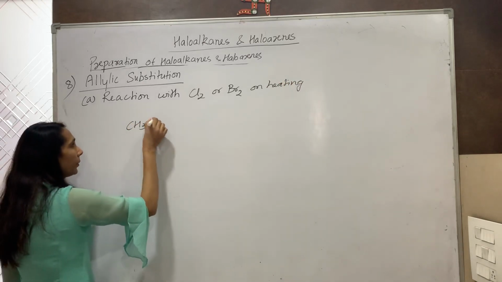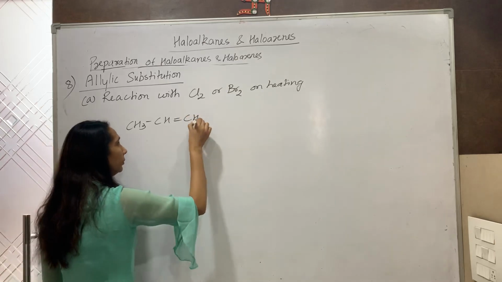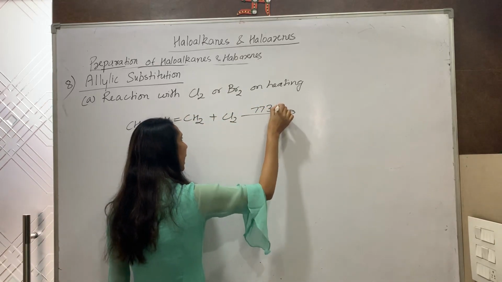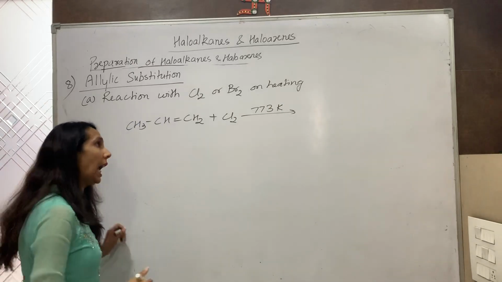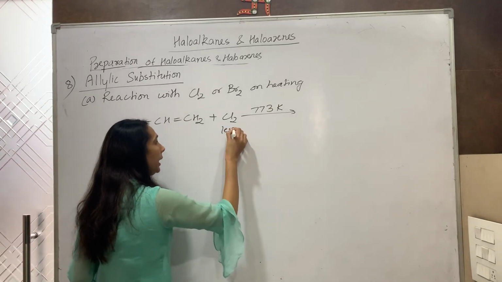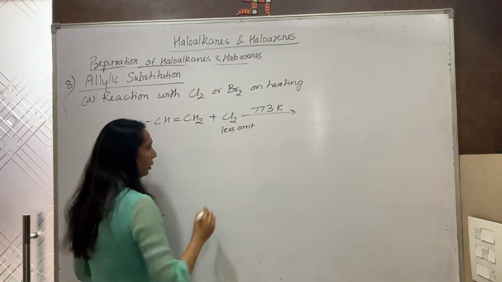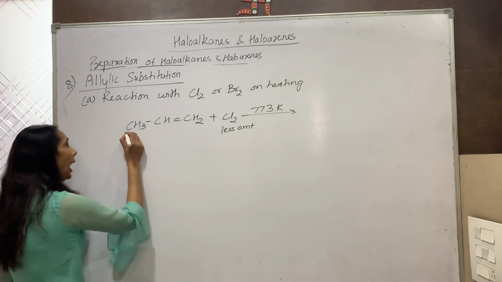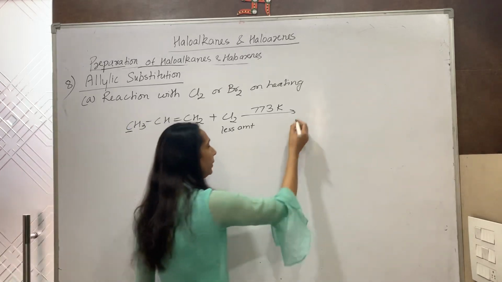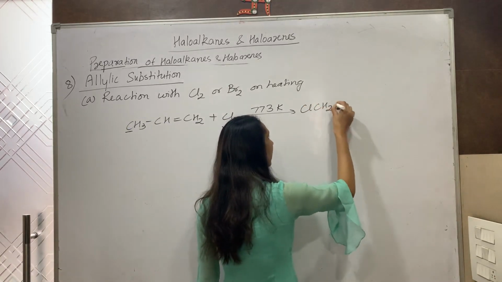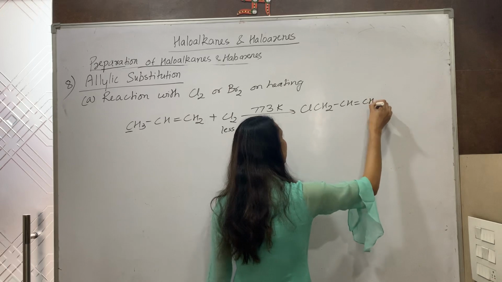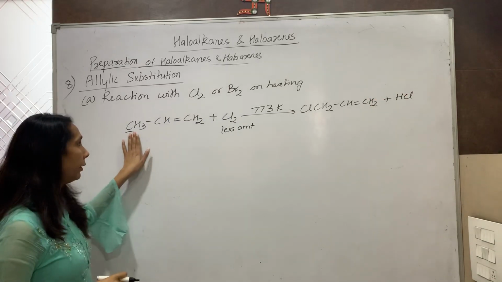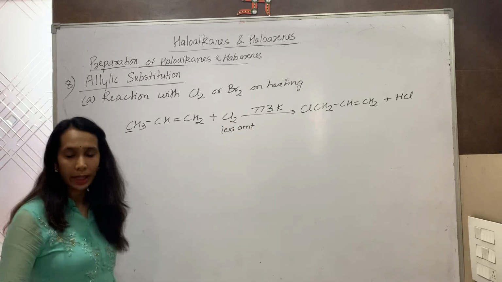When propene reacts with chlorine at nearly 773 Kelvin temperature, and chlorine or bromine is present in less amount, it can be either chlorine or bromine, then the hydrogen of the allylic position is substituted by chlorine plus HCl. The hydrogen coming from here combines with Cl and forms HCl.